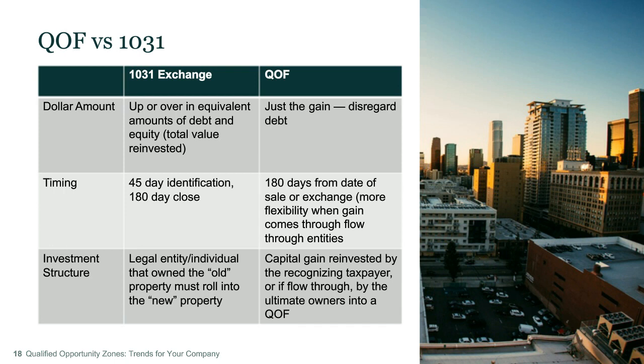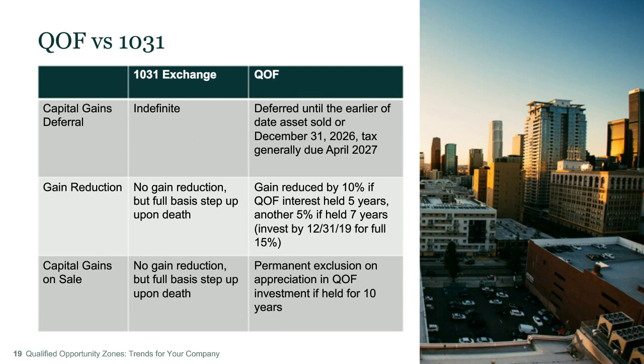On the gain deferrals with the 1031 exchange, it's indefinite. If you take your gain and roll it over into new property, it sits there until you sell the asset. With a qualified opportunity fund, it's deferred until the earlier of the date of sale of the asset, or December 31st, 2026, which is the day that you pony up if you still own the asset, which means the tax is generally due in April of 2027.